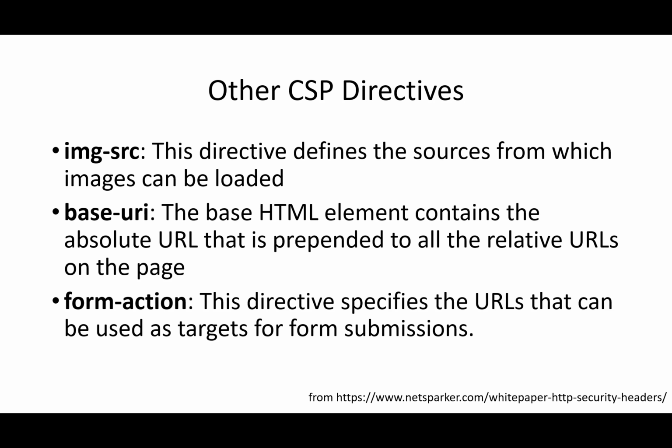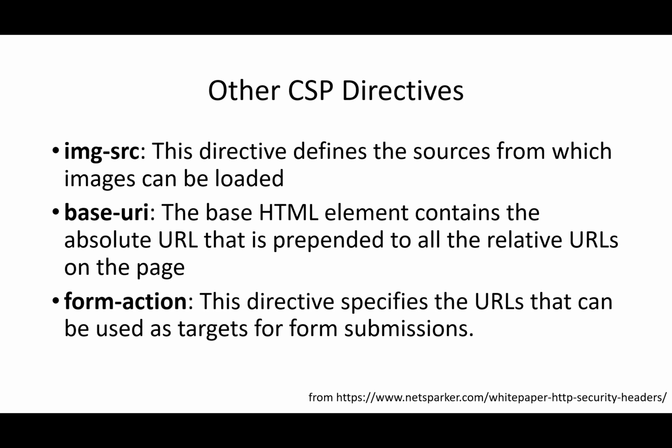The base URI, being universal resource identifier, specifies that any relative URLs, that is URLs that don't start with www.acme.com but start with just a file name, will always have this URI put in front of them. They'll append them together.